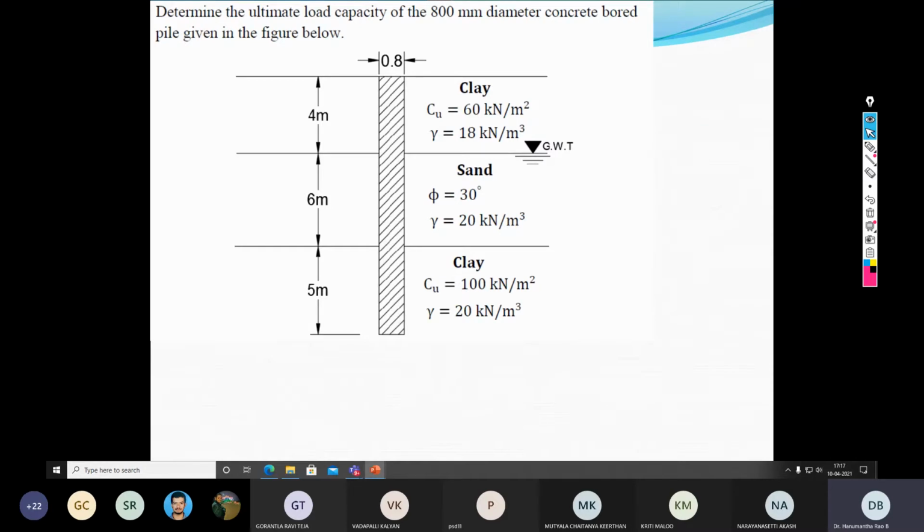When you are asked to determine the ultimate pile load capacity, what are all the different components that should be addressed, as per all the previous class discussion?